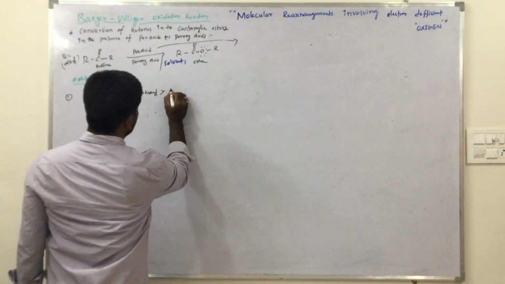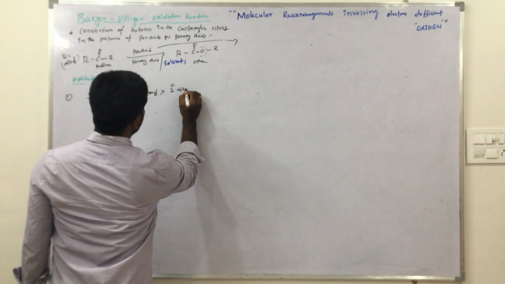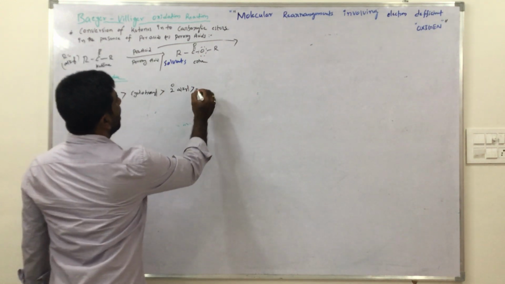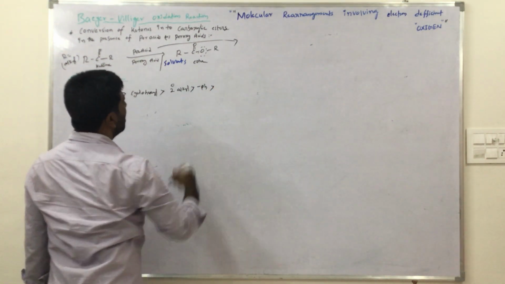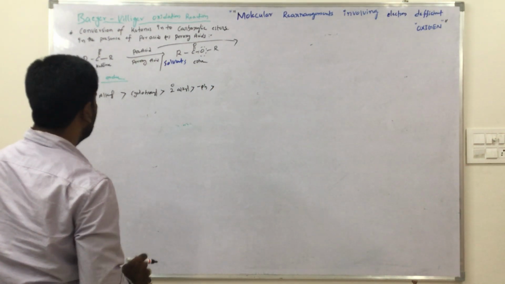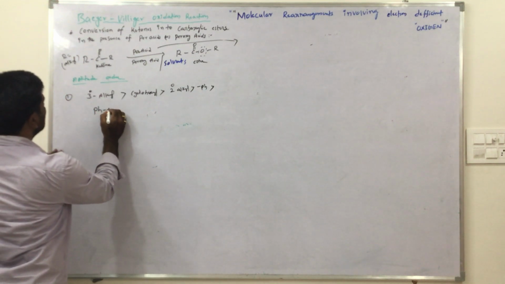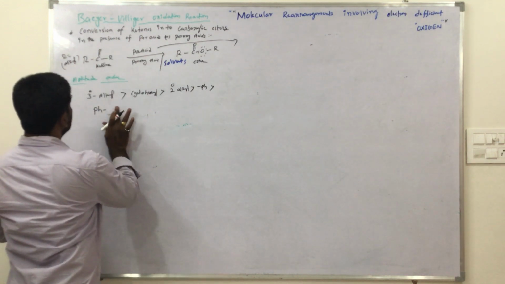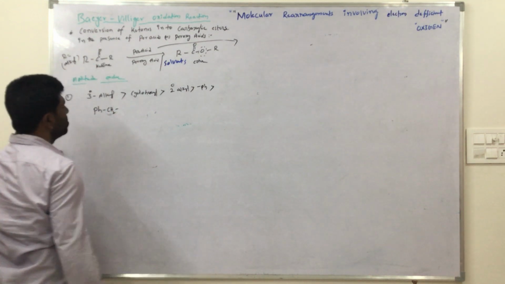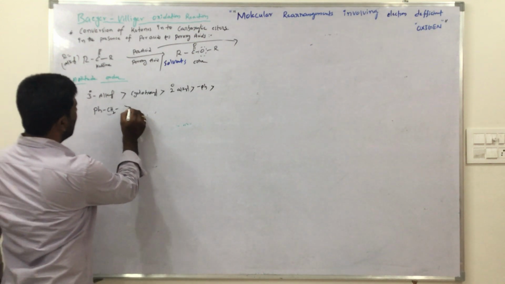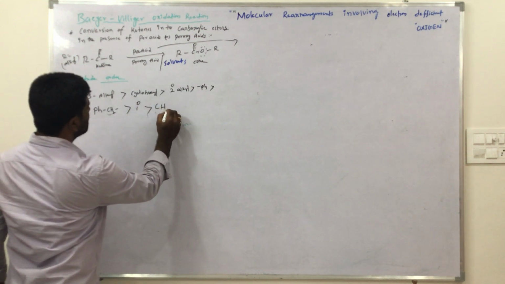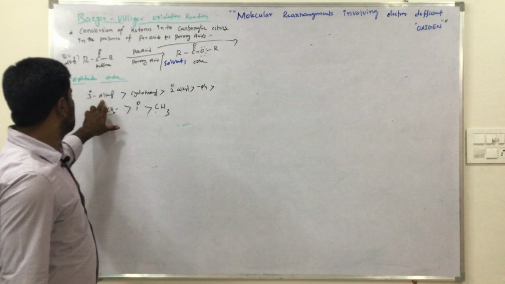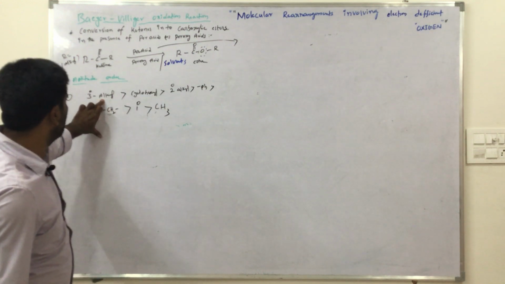Cyclohexyl is more than secondary alkyl, right? Secondary alkyl, and phenyl, clear? And CH2, and primary and CH3. This is the aptitude migration capacity, with the tertiary alkyl group having more aptitude.